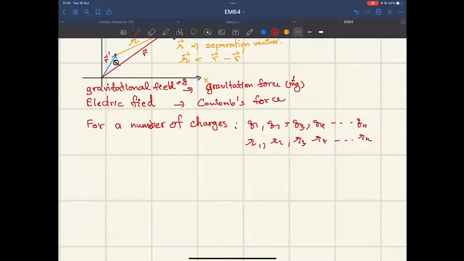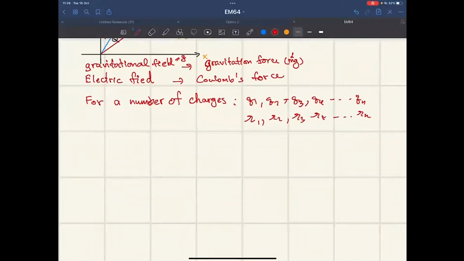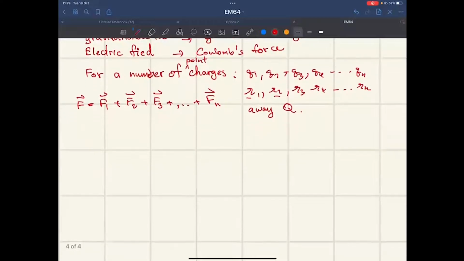Each point charge is at a distance R away from the charge Q here. So our force here is F1 plus F2 plus F3, continuing until plus Fn.